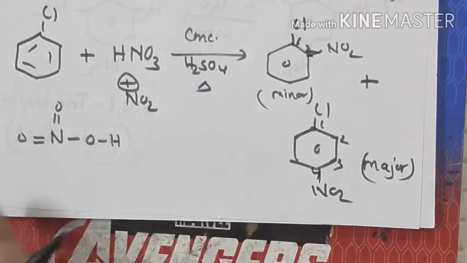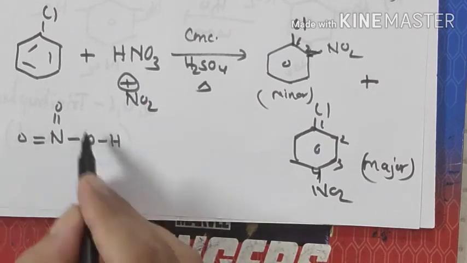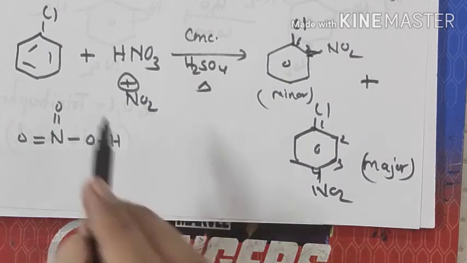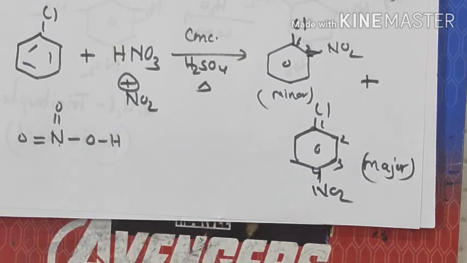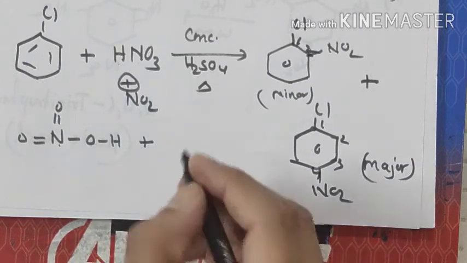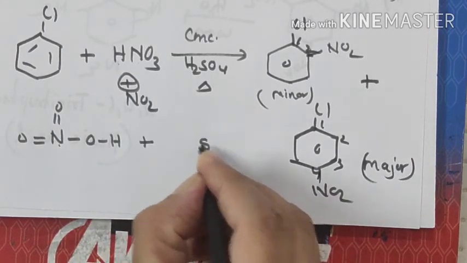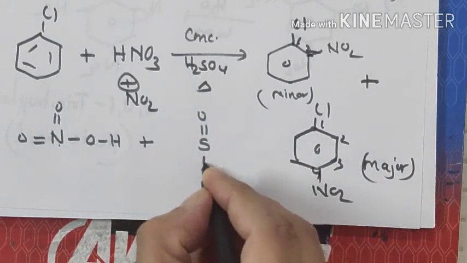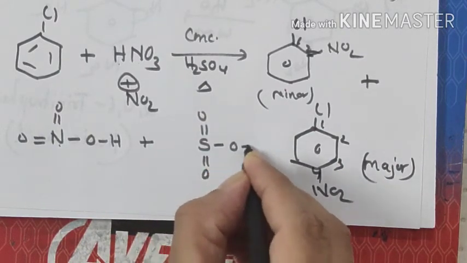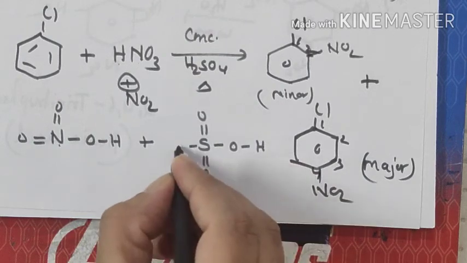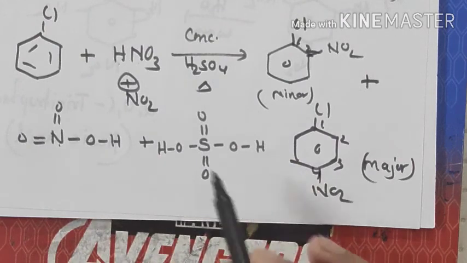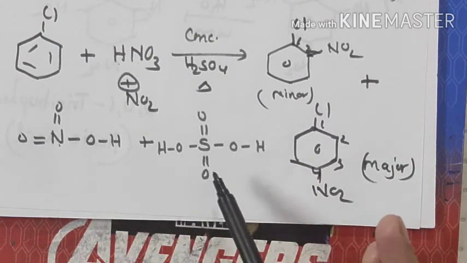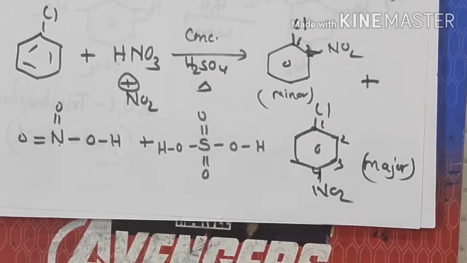This is the structure of nitric acid, one hydrogen, one nitrogen, and three oxygens. Also we know the structure of sulfuric acid, S double bonded to two O, and two OH groups. Now understand student, sulfuric acid is a stronger acid in comparison to nitric acid.